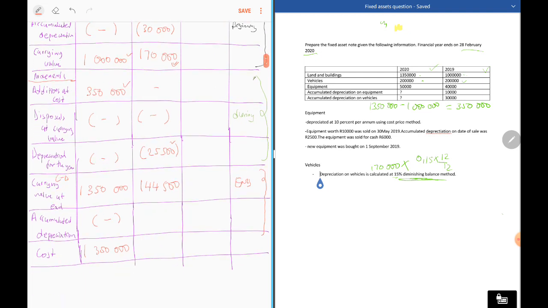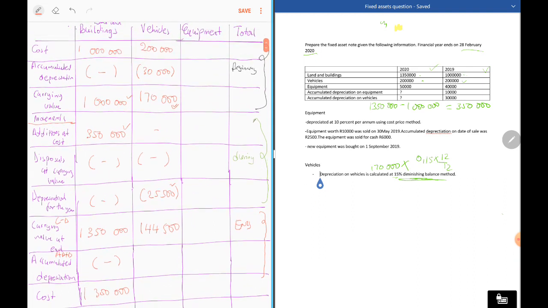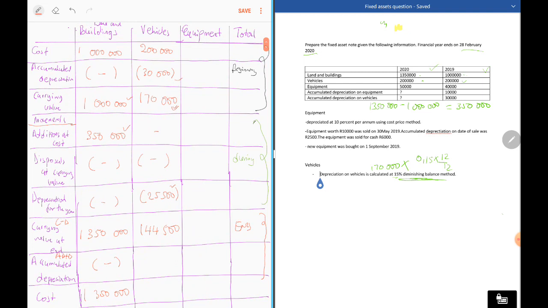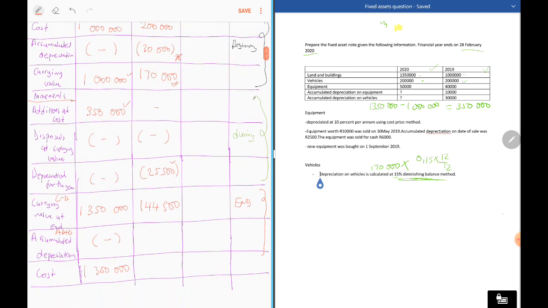Accumulated depreciation is accumulated depreciation at the beginning plus depreciation for the year. So it will be 30,000 plus 25,500, right? Which will give you 55,500.